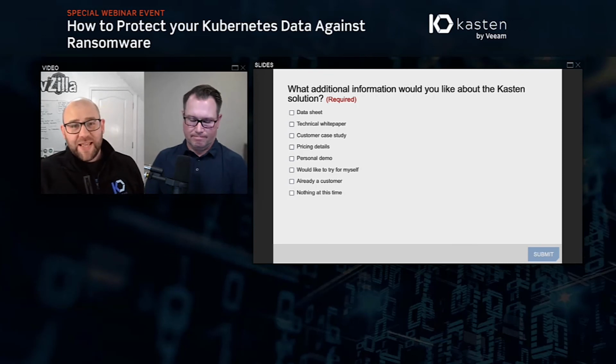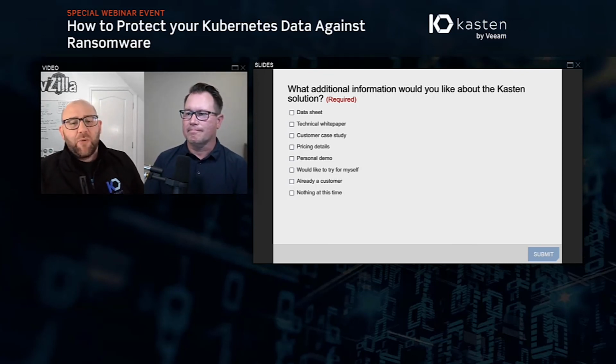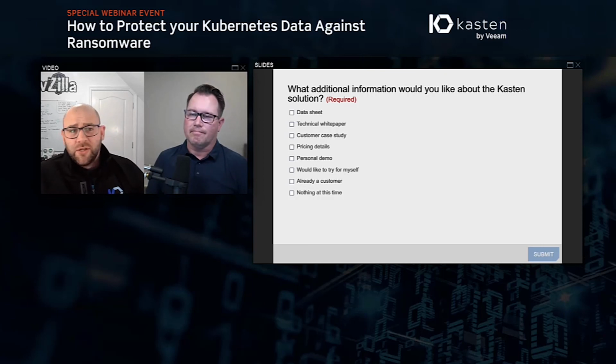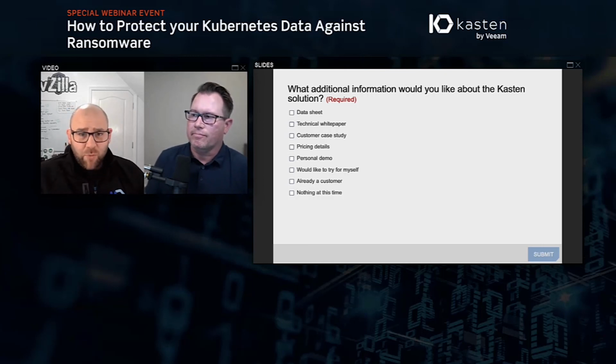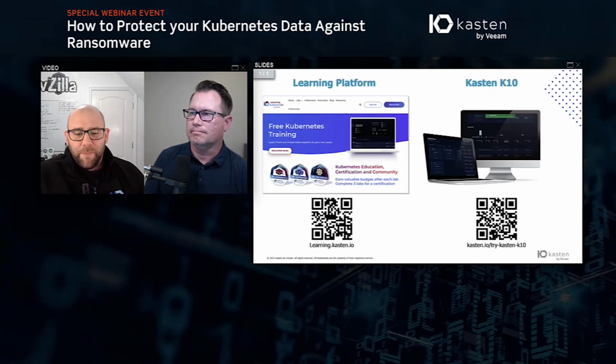Obviously, I'm going to say Kasten K10, but really it's just about making sure that you're protecting that workload. Now, Kasten K10 has a free edition, up to 10 worker nodes. So literally 10 worker nodes is the size of many different customers out there, and that's before you have to pay any money. So I would suggest that that's a good place to start. Hopefully that helps as well.